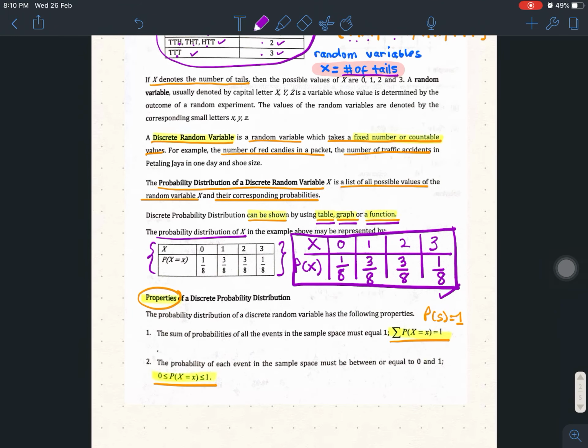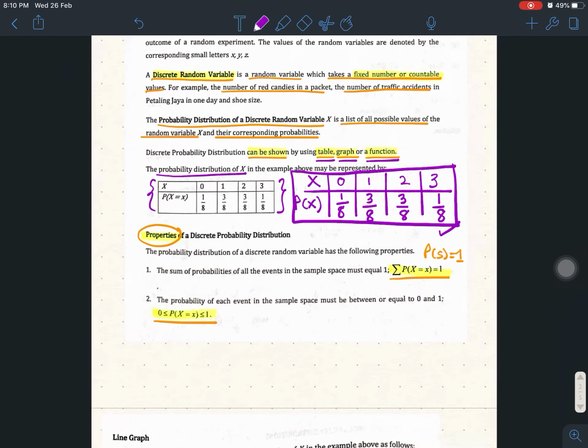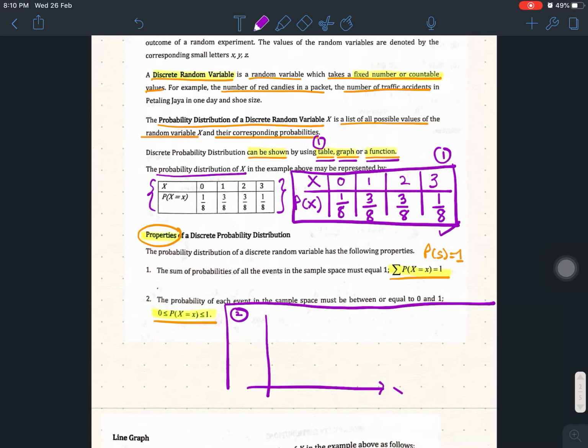Now number 1 was the table. For number 2, let's say you want to put it in a graph. In the graph, you must have X and Y. Your X-axis is your random variable X and your Y-axis is your P(X). Write down 0, 1, 2, 3, and for P(X) you're going to have 1 over 8 and 3 over 8.